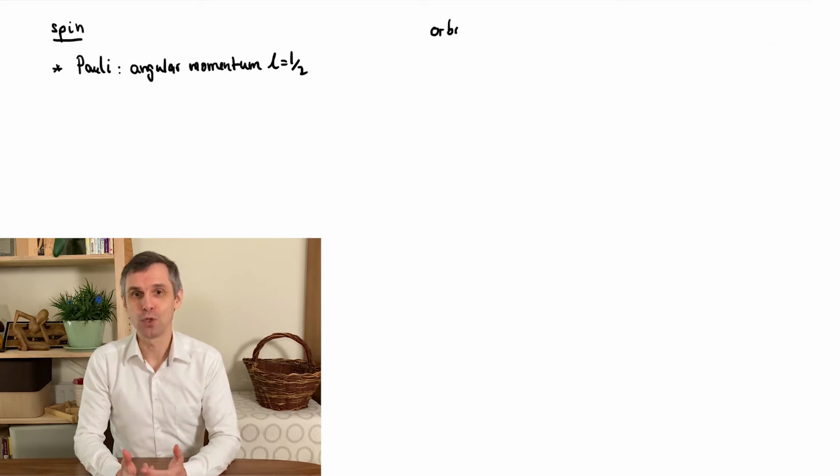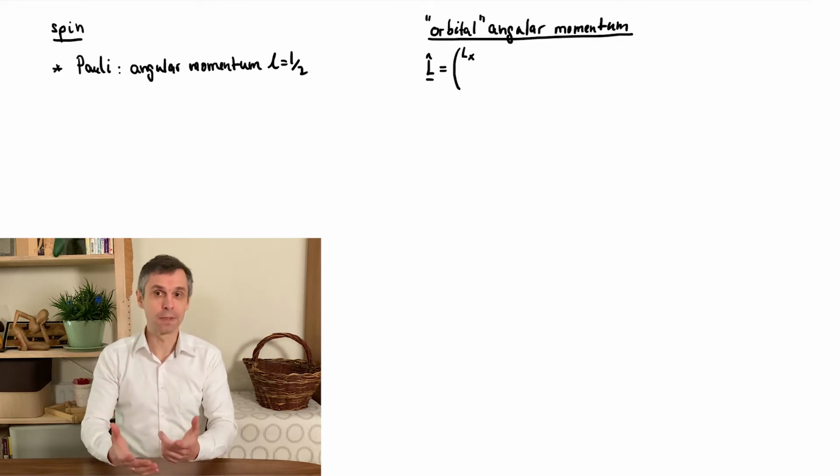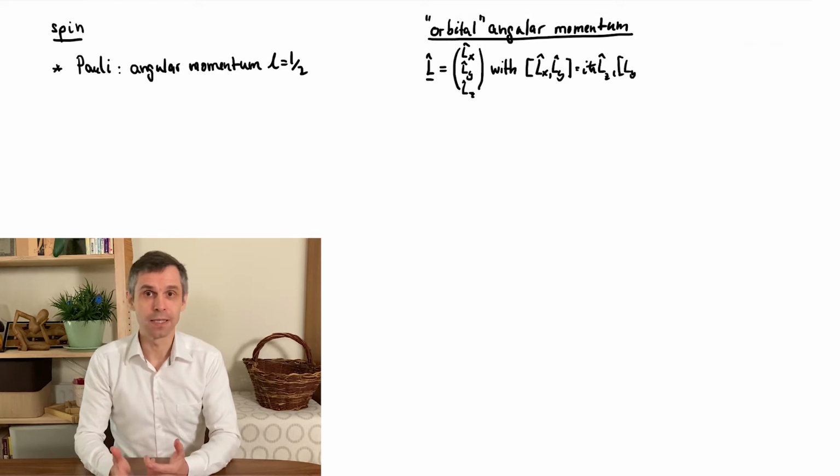Let us list what we know about orbital angular momentum, at least algebraically. So we have three operators that we can view as the components of a vector, and they obey the specified commutation relations.